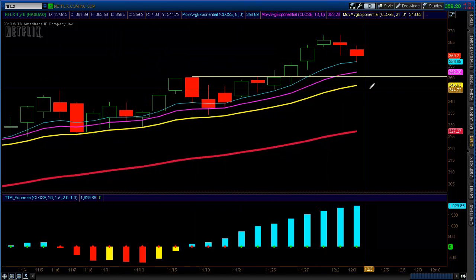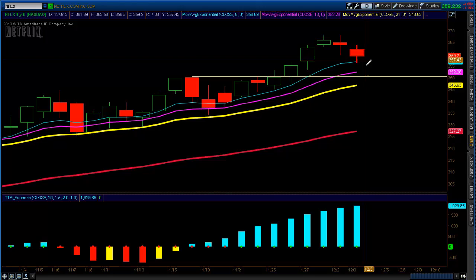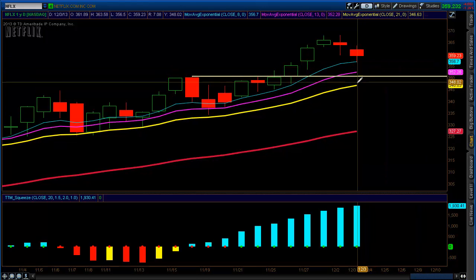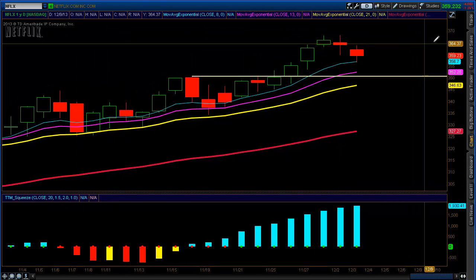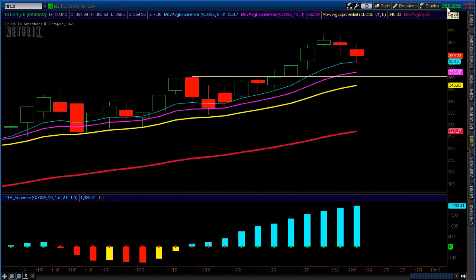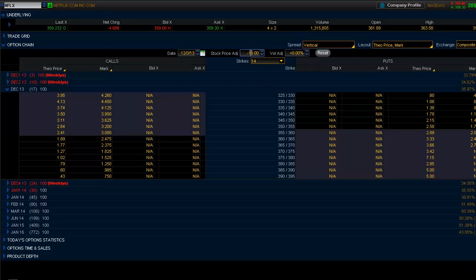So let's do a quick analysis of what spread we could sell if we get a further pullback to 350. Right now, Netflix is trading at 359. We'll call it 360. So again, we go back to the trade tab. We drop $10. You can change the date.